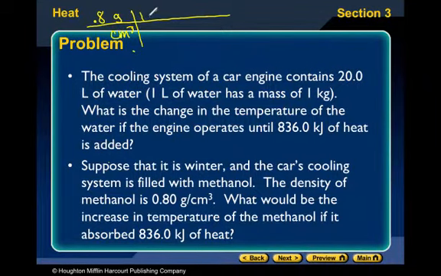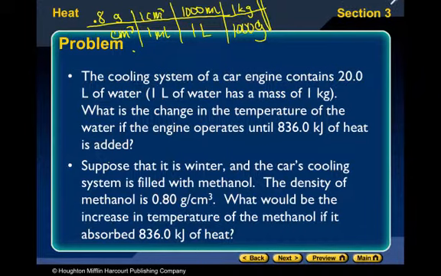There are 1,000 milliliters in a liter, and 1,000 grams in 1 kilogram. So let's cancel out some stuff. Centimeters cancel, milliliters cancel, grams cancel. We're left with kilograms per liter, and then the 1,000 cancels.